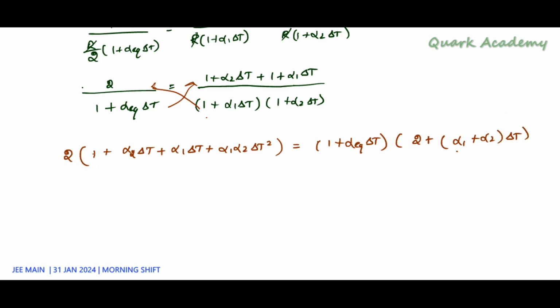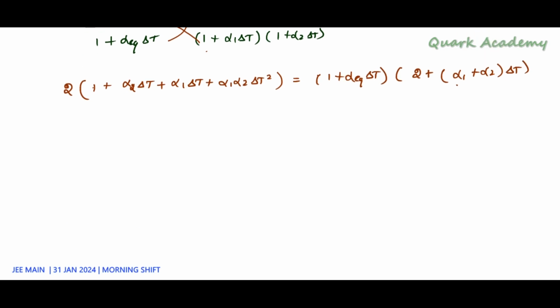So again, let's simplify this one. This is 2 into 1 plus alpha 1 alpha 2 delta t, and we can just neglect this delta t square. It's not equal to 0, but we can just neglect it because it's very small compared with delta t.